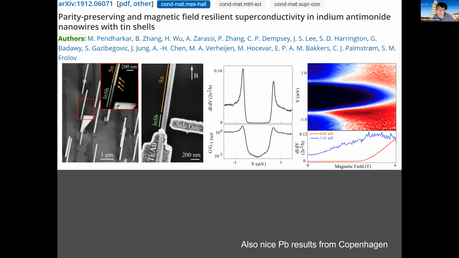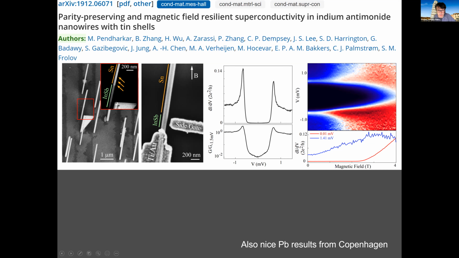And also interestingly, this tin that we use in this work is not epitaxial. One of the strong beliefs, I think, was that it has to be epitaxially matched, otherwise a hard gap is not possible. We still may want epitaxial matching for more advanced devices. I don't know, for qubits, we may still want that. But for a hard gap, it's not necessary.